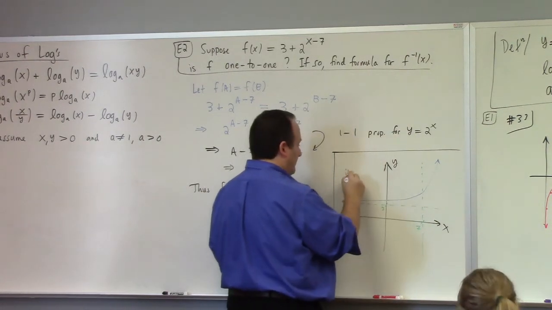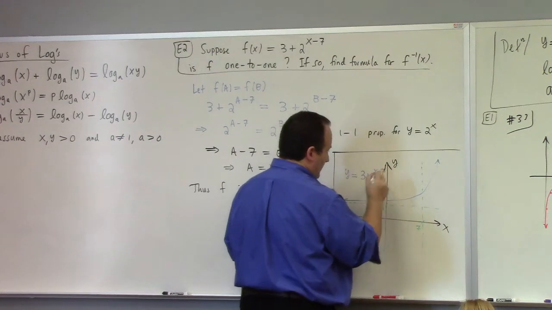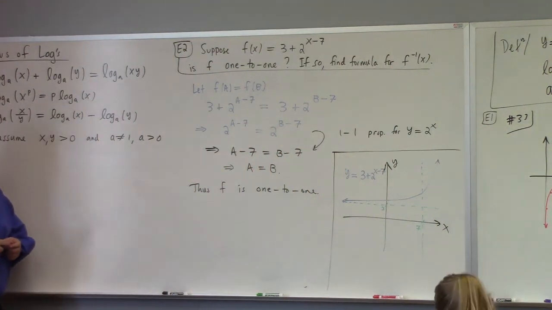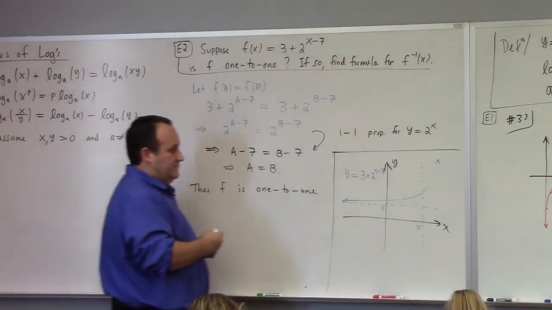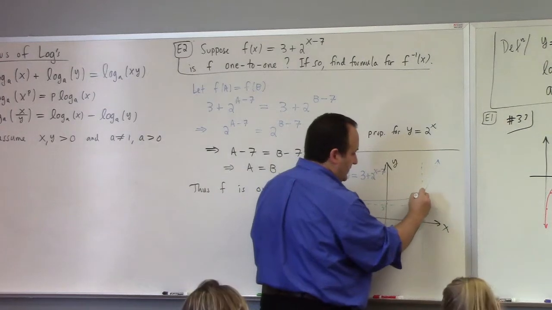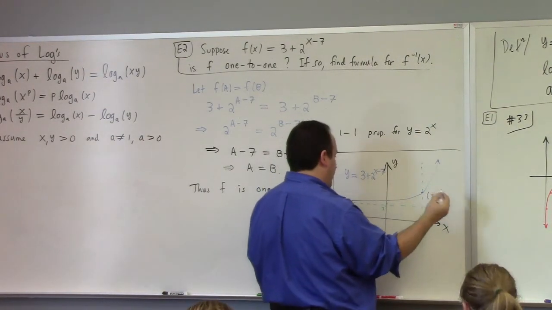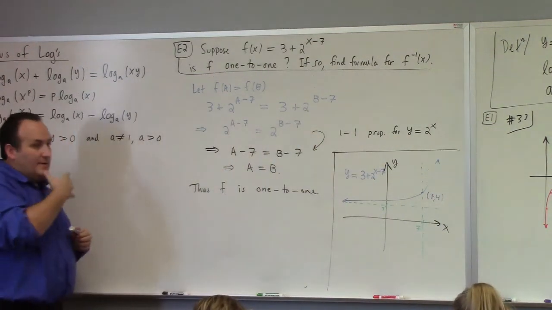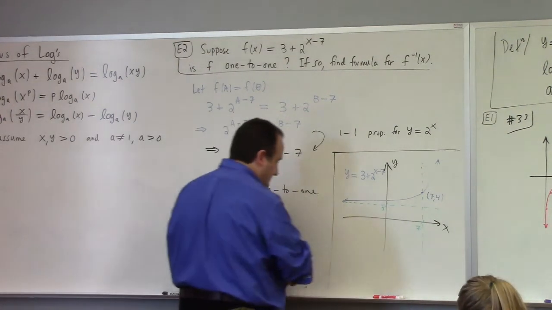There's the graph. Does it pass the horizontal line test? It sure does. This point right here would be like 7, 4, for example. So it passes the horizontal line test, therefore it's 1-to-1.